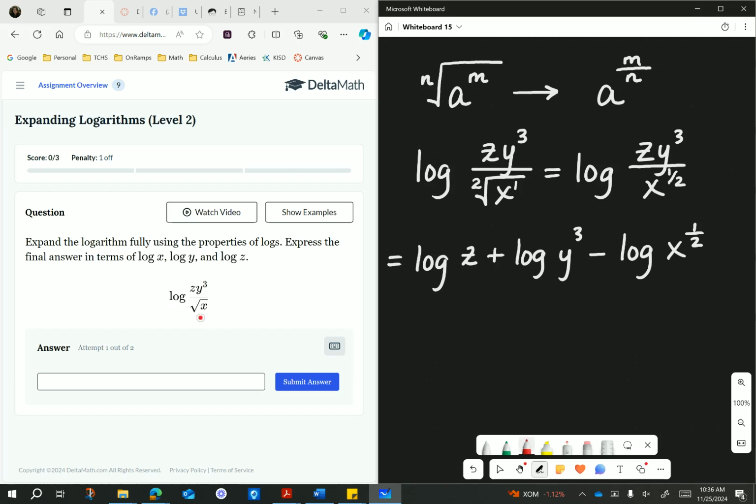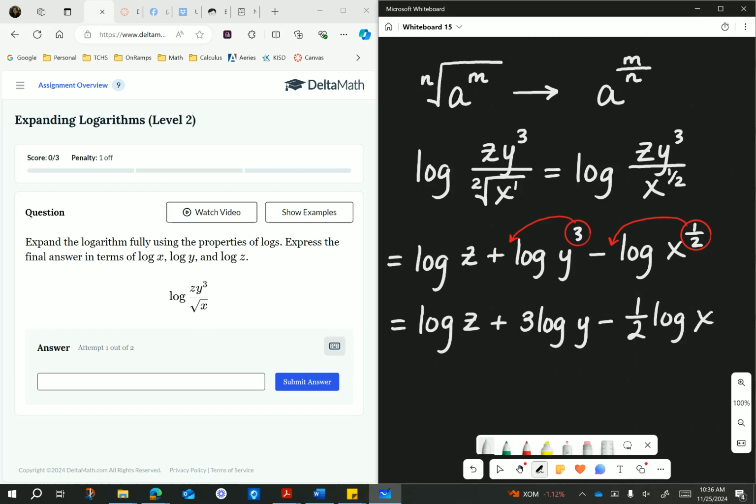But as I explained to you guys before, this exponent, as well as this exponent, if it's not a 1, needs to move and become the coefficient of the log. So log z plus 3 log y minus 1/2 log x.